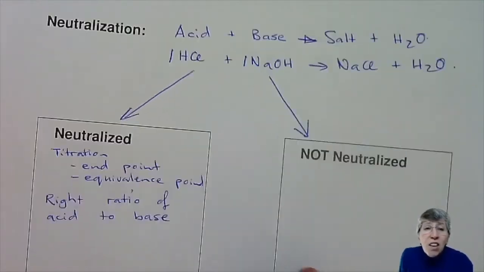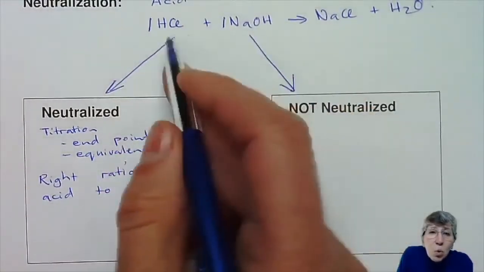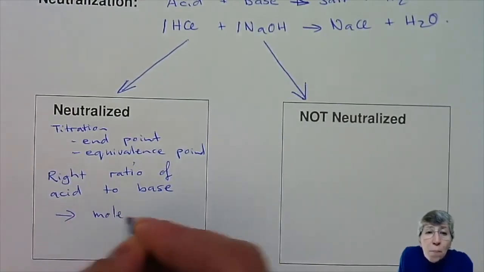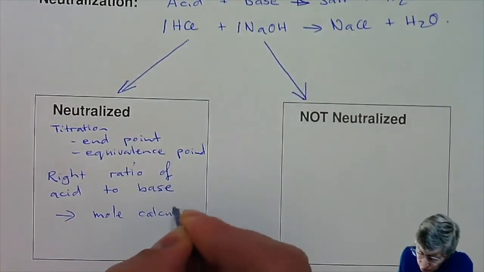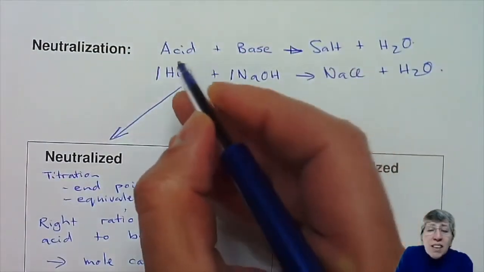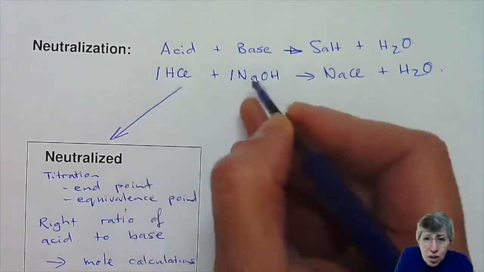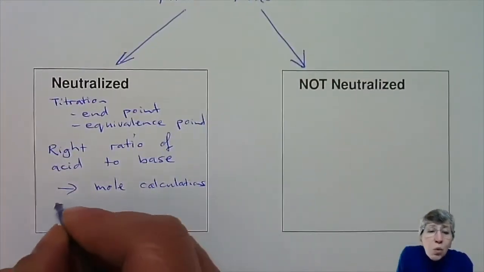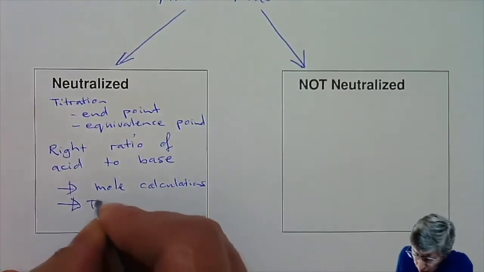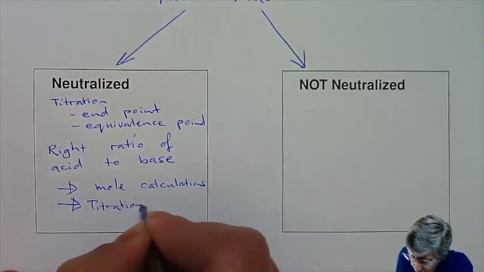And if they are in the right ratio, according to the equation, it means you can do ordinary mole calculations. You can work out the moles of that, and then they say 1 to 1 because they are in the right ratio. And also, if it's a titration, you can use what we call our titration equation.